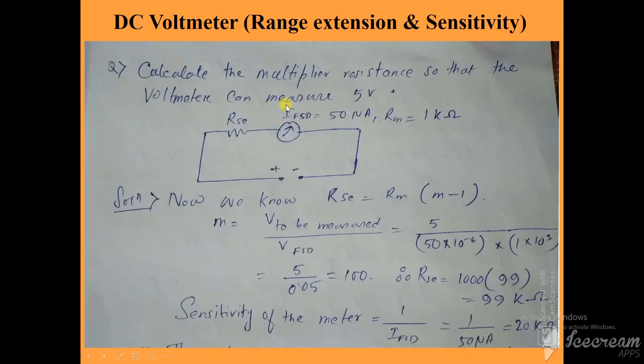Full scale voltage deflection, that is VFSD, is equal to IFSD into Rm, that is 50 microamp into 1 kilo, right? And V to be measured is 5. Just find out m. So m minus 1 is 99 and RAC is equal to Rm into m minus 1, and Rm is equal to 1 kilo. So it is 99 kilo, 99 into 1000, right?